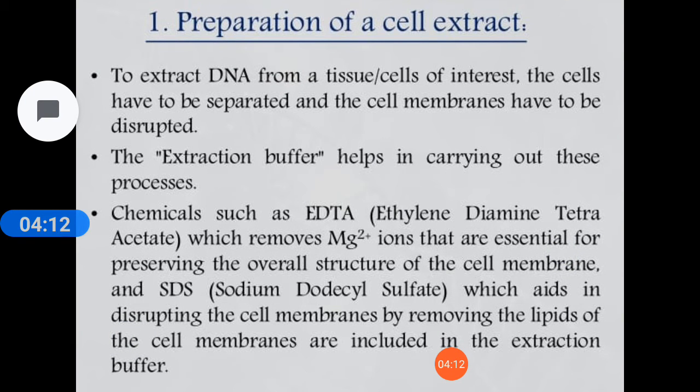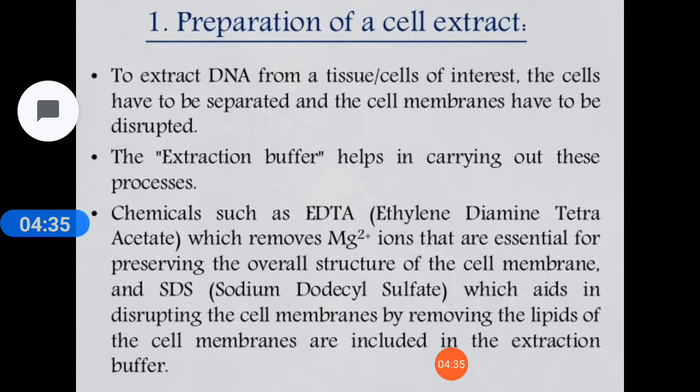To extract DNA from a tissue, cell, or cell of interest, the cells have to be separated and the cell membrane has to be disrupted. The extraction buffers help in carrying out these processes.